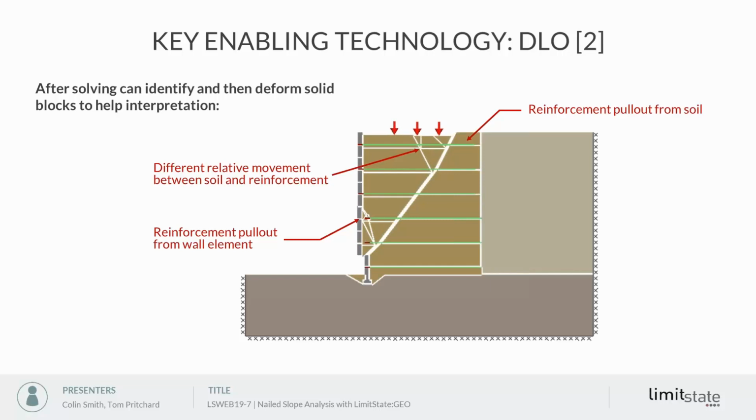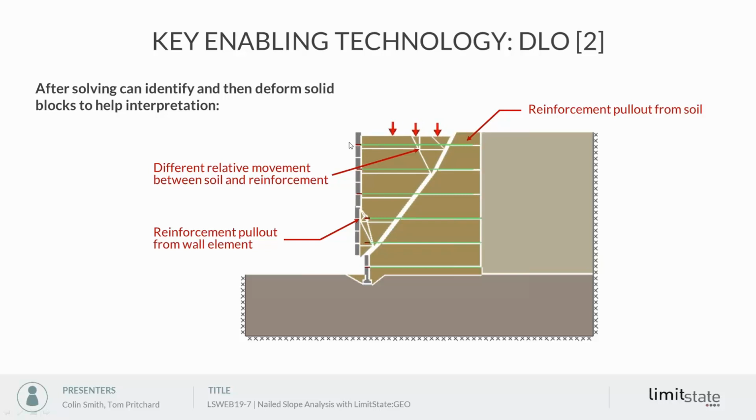Now, when the software identifies these slipline mechanisms, as you can see here, it will animate them to help interpretation. And in this particular diagram, we can see how that also works with a reinforced wall model. So this green line here is, for example, a reinforcing strip, and in this case it's attached to a facing block.